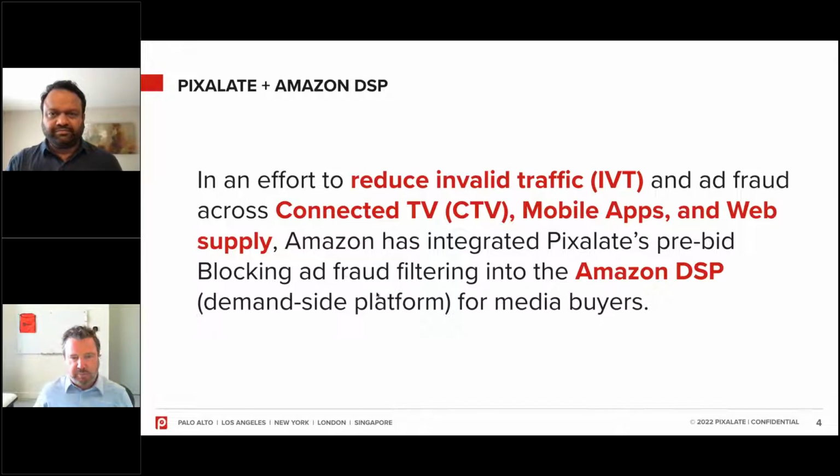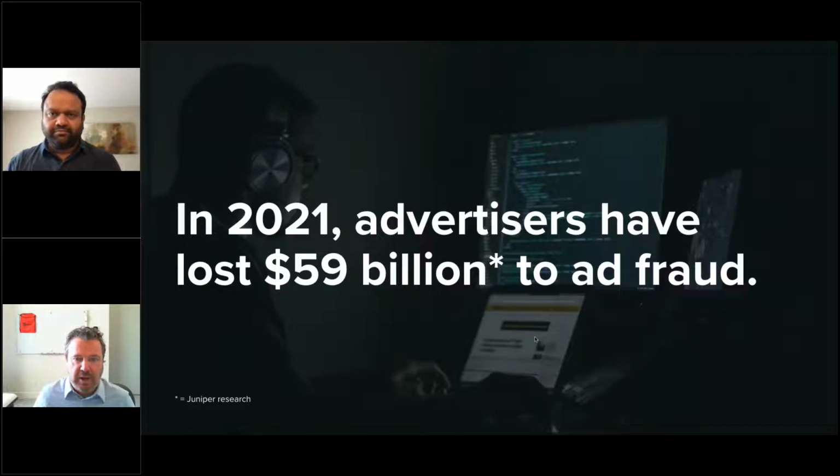So in an effort to help reduce invalid traffic across connected TV, mobile devices, and display supply, Amazon has integrated PIXALATE's pre-bid filters, ad fraud blocking filters, into the Amazon DSP, their demand-side platform. As we know, ad fraud is a very big deal.